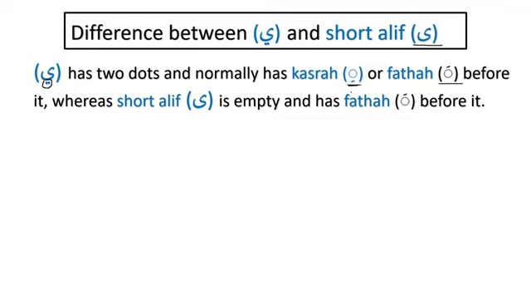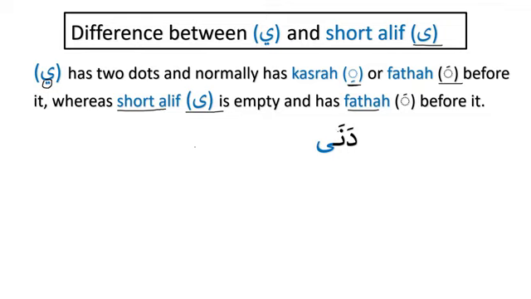Most of the times it has Kasra before it, but there is a possibility that it can have Fatha before it as well. Whereas short Alif, as we can see over here, is empty and has Fatha before it. So like Alif, short Alif always has Fatha before it. So these are the 2 things that are common between Alif and short Alif.